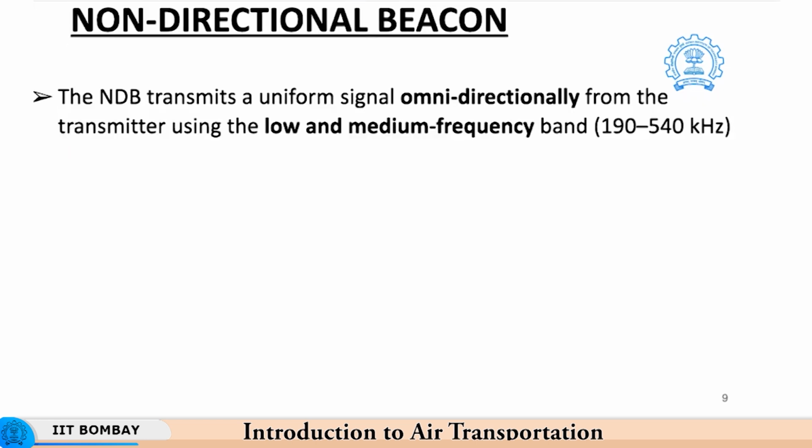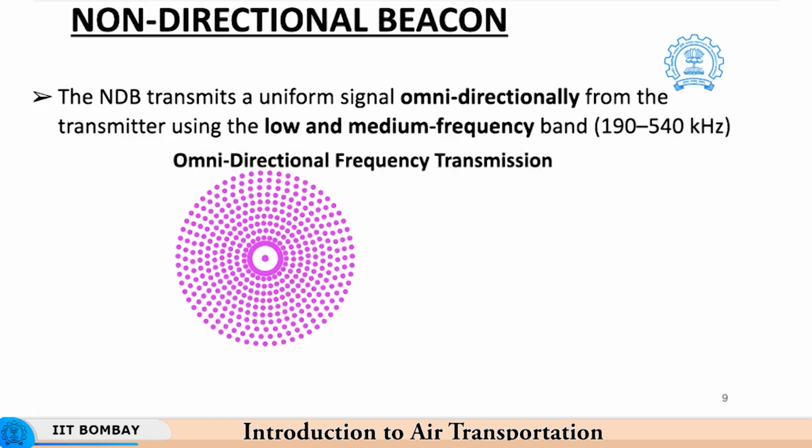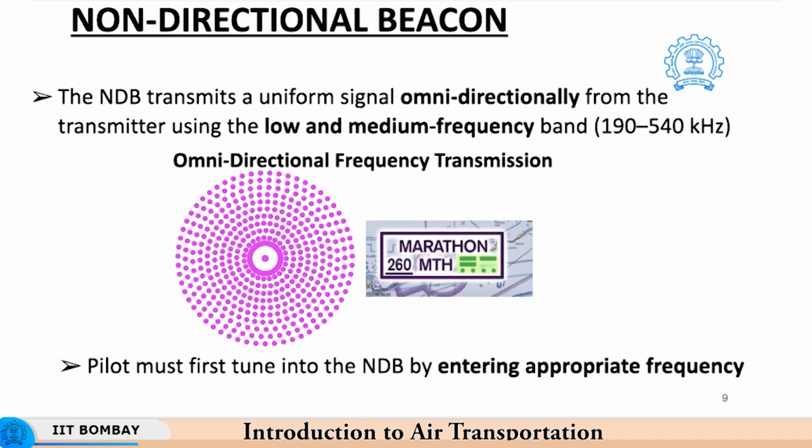So how do these actually work? The NDBs basically transmit a uniform signal, called the omnidirectional signal, from the transmitter using the low and medium frequency band. This is a brief symbolic representation of an NDB signal, and this is how it is represented on a sectional chart.